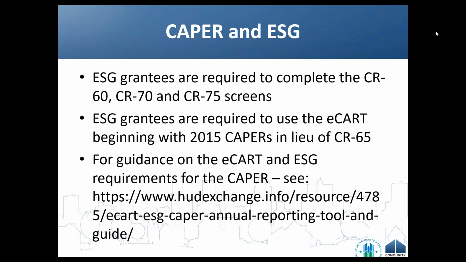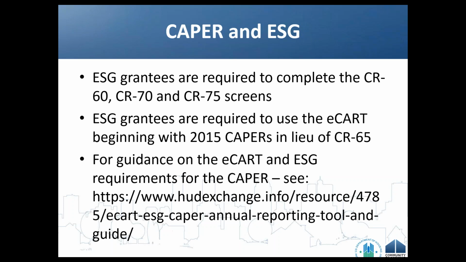All right, so moving on to the CAPER and ESG, a new requirement for 2015 is the inclusion of eCarts. So eCarts is E-C-A-R-T. We're not going to get into a great level of detail about eCarts, but we do want to remind you that it is a requirement for 2015.